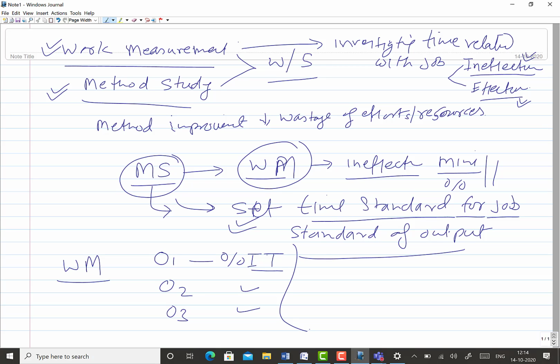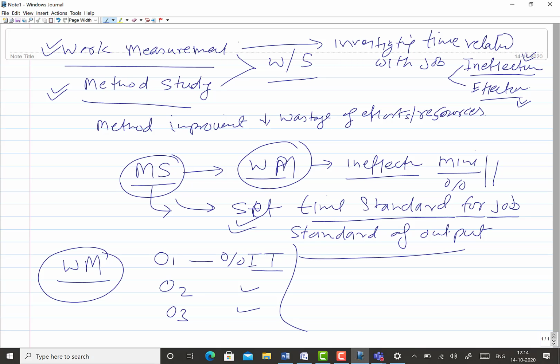If we don't know where the method study is to be done, then in that case first the work measurement is done, which will give us the percentage of the ineffective time associated with the particular job which is being studied.